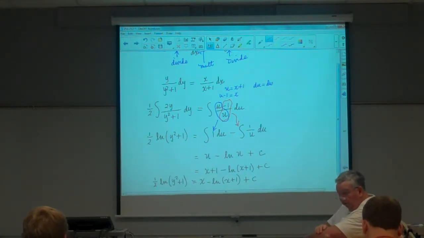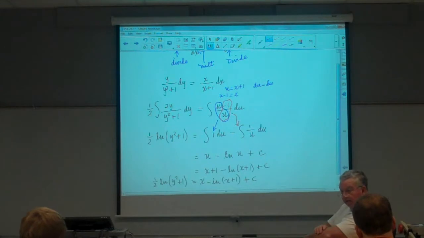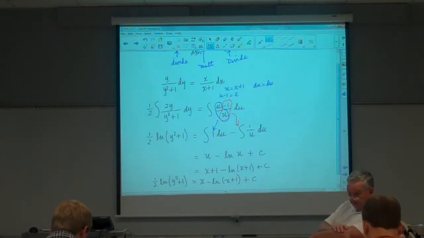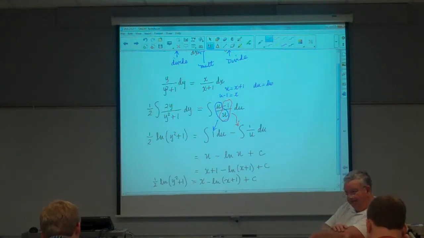What happened to the +1? It got rolled into the arbitrary constant, didn't it? If I'm adding an arbitrary constant, what's the difference between an arbitrary constant and an arbitrary constant +1? Nothing. And right there is where it needs to stay.